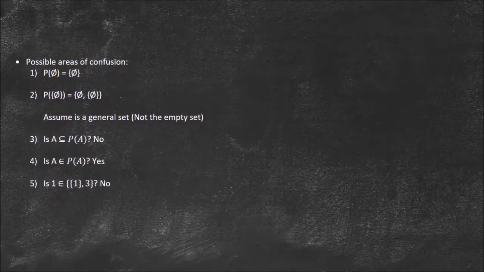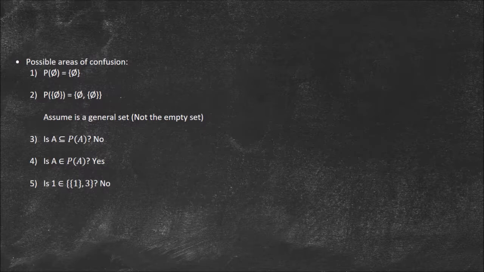So, some possible areas of confusion with power sets. This is a complex topic, and I really hope you can understand some of these tricks. So first, the power set of the empty set is just the set containing the empty set. This is something some people find difficult because they think, well, what's the power set of something with nothing inside of it?